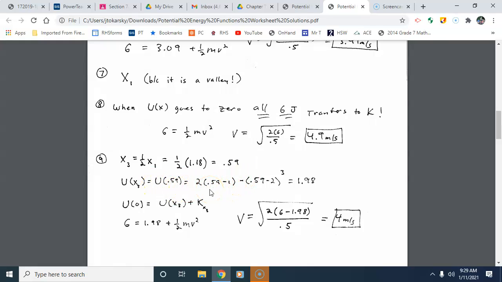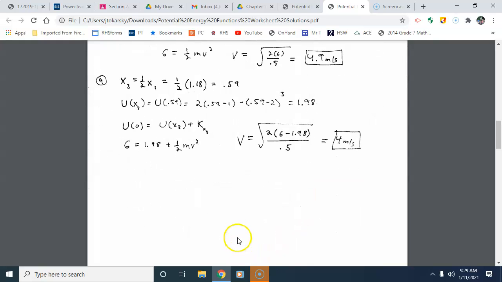So this is like a lot of the early problems, just with another position. We evaluate the potential at that using the function. We get 1.98 joules. And we, for the third time now, say that 6 is the total, and both have to add up to that. So 1.98 plus 1/2 mv squared have to total 6. V, again, is the only unknown, and we get 4 meters per second for that to happen at that position.